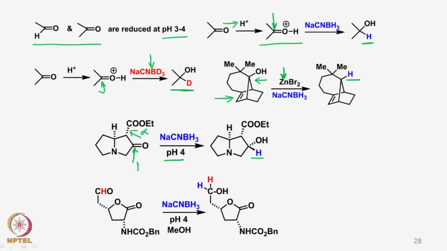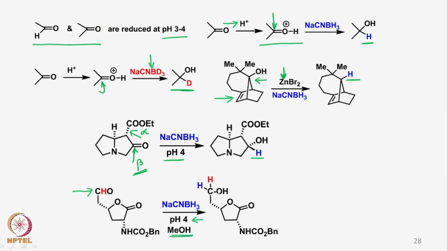So you have a beta hydrogen coming to the carbonyl carbon. So it is not only reducing at lower pH, but also following the same principle of stereoselectivity. In the last example here, the aldehyde is also reduced again at pH 4 in methanol as a solvent.